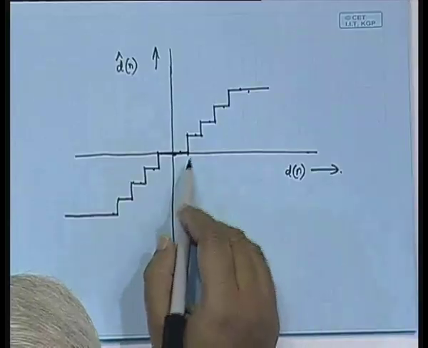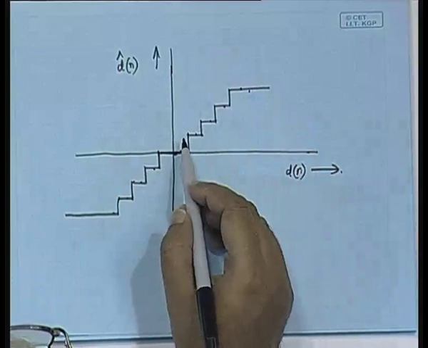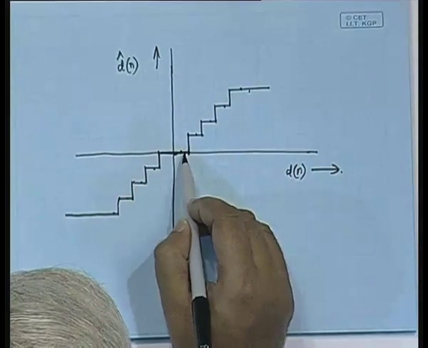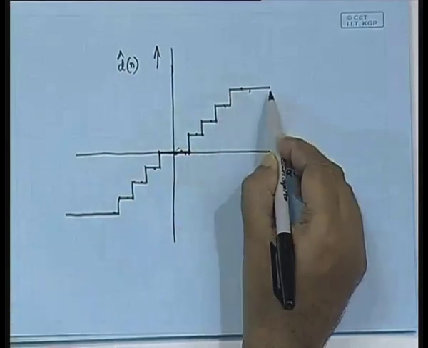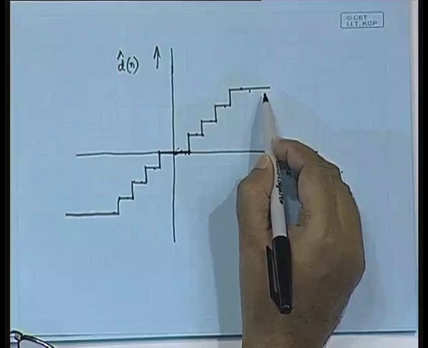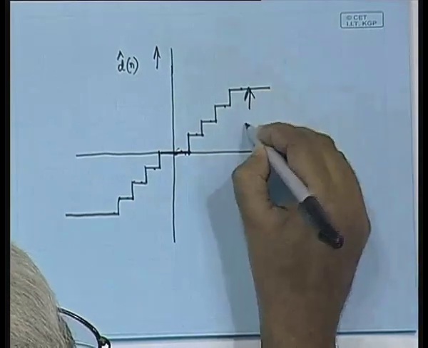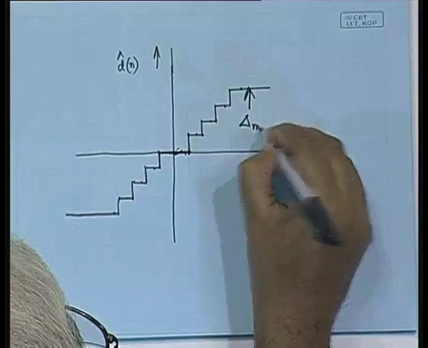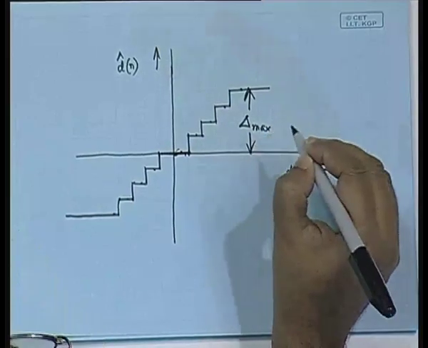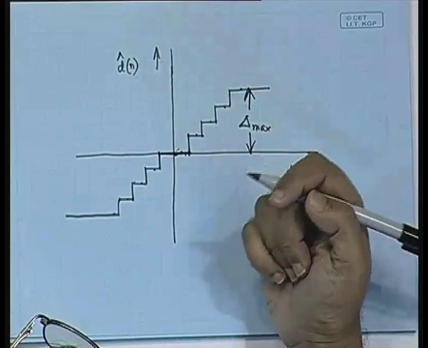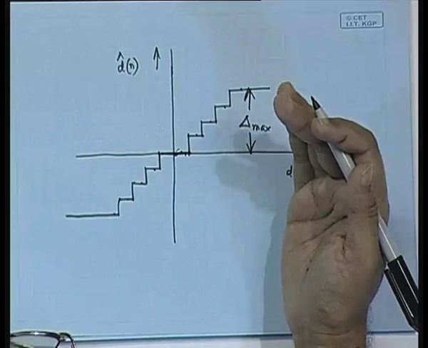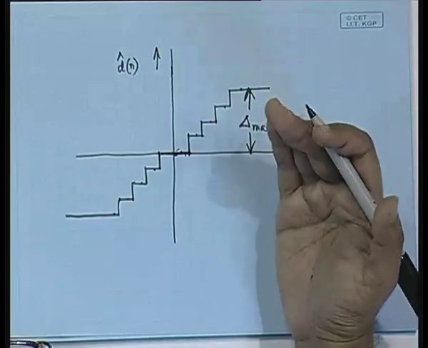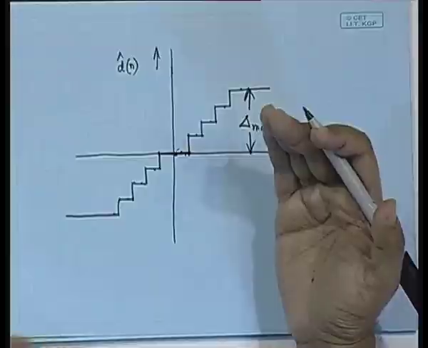Because of that sharp change, we are going to alter the quantization level from here to here. If this is a value equal to delta max, and delta max upon t happens to be lower than the rate at which the signal is changing, the slope overload can still happen.